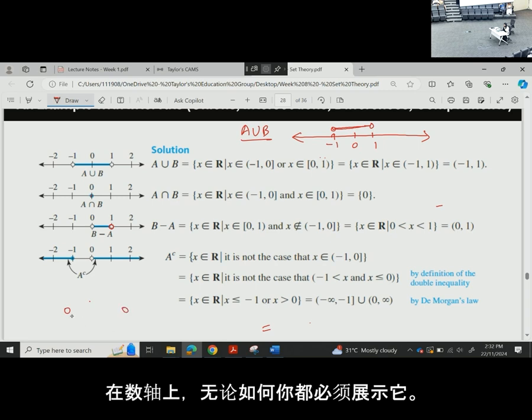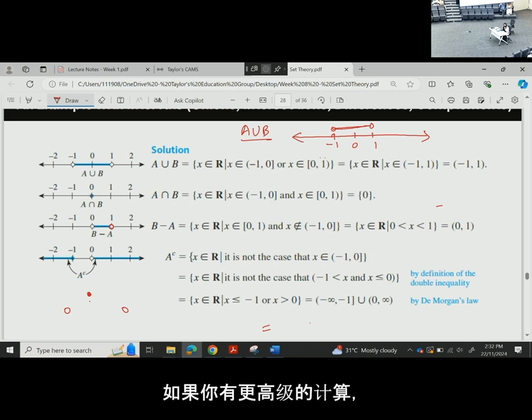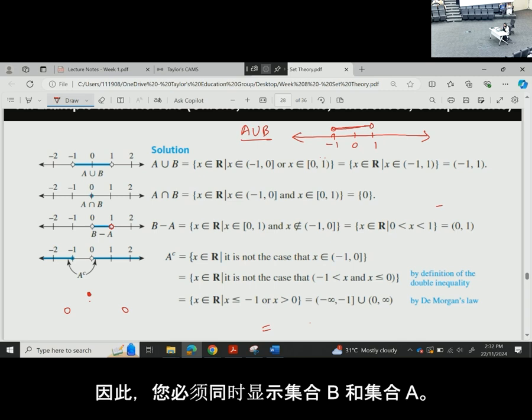So on the number line, you have to show it anyway. You cannot exclude it, because if you include only this one, the range will differ. If you have more advanced calculations, the range will be changed. So you have to show both for set A and for set B.